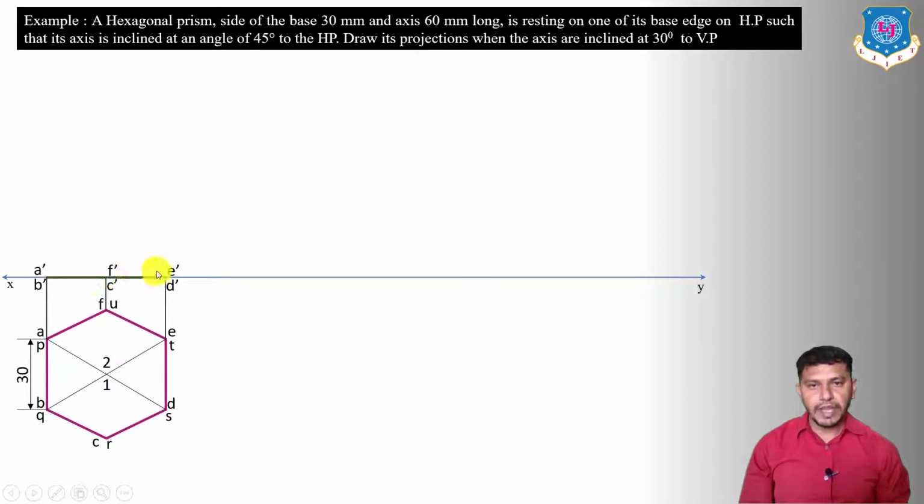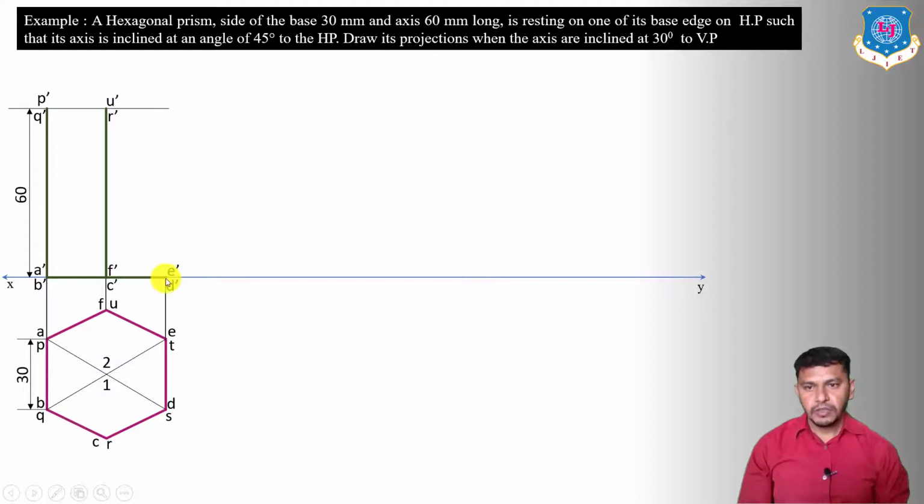Base will be a line because we have assumed the base perpendicular to VP, parallel to HP. Now the axis height is 60 mm. So first of all we have to draw the side edges of the prism showing the axis height. So draw the side edge having height equal to 60 mm. Now join the other side edge from this point also up to this point.